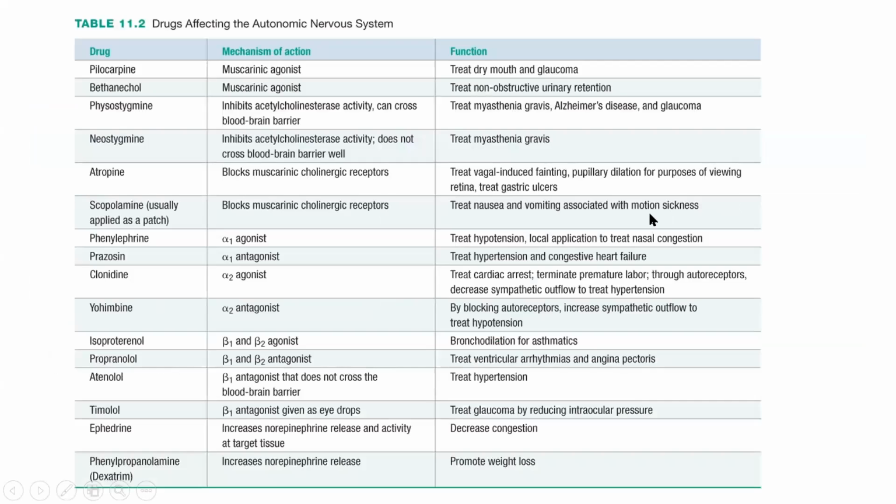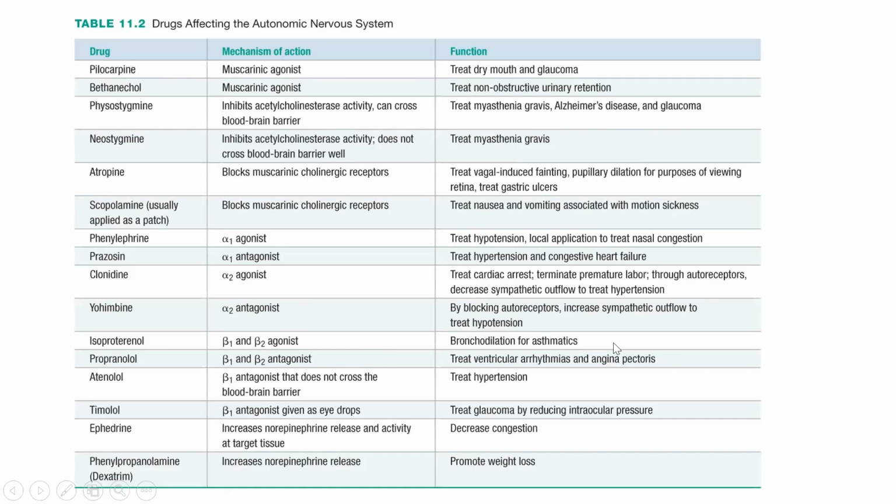Okay. Another helpful table here shows more of the clinical importance of understanding these second messengers and these adrenergic receptors. What pharmacologists can do, and what we do in modern medicine, is manipulate our understanding of these receptors. So for example, let's take isoproterenol.